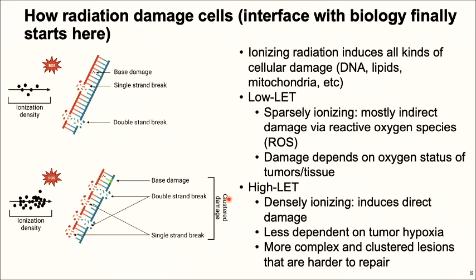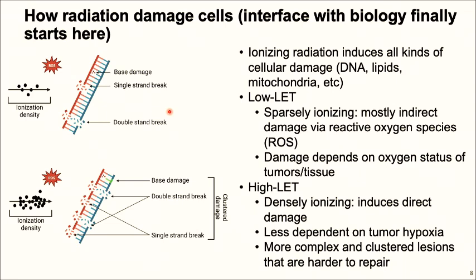Now, if you look at an even smaller scale at our main target, which is DNA for cell kill, for low LET radiation the probability of causing direct DNA damage is much lower than for high ionization density, or high LET. But all types of radiation induce all sorts of cellular damage, including DNA damage, damage to lipids, and damage to all subcellular structures, including mitochondria and so on.